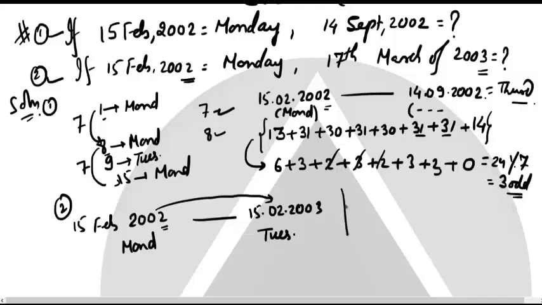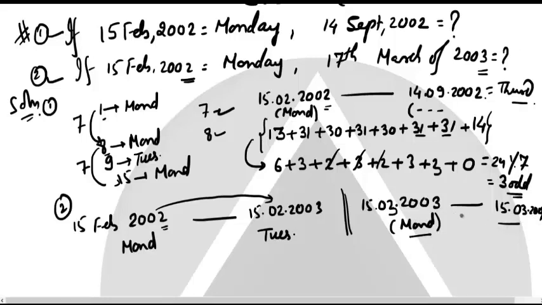But suppose 15th February of 2002 is Monday, and they're asking you 15th March of 2004.